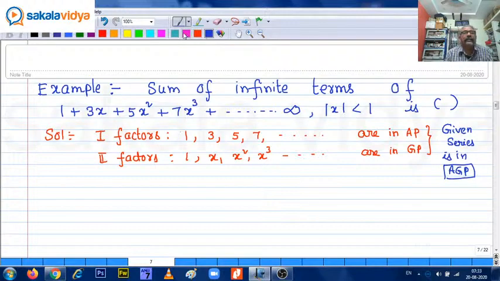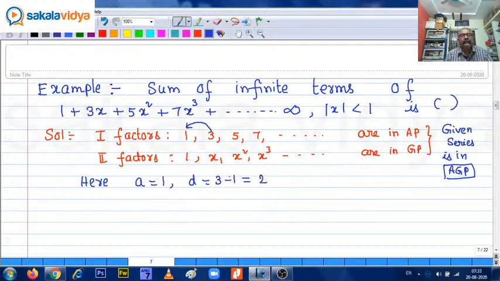Sum to infinity means actually what we need to find out. From first factors we need to find out a and common difference. Common difference means 3 minus 1 is the common difference. So here we can write a equals to 1, common difference d equal to 3 minus 1, T2 minus T1, 2.